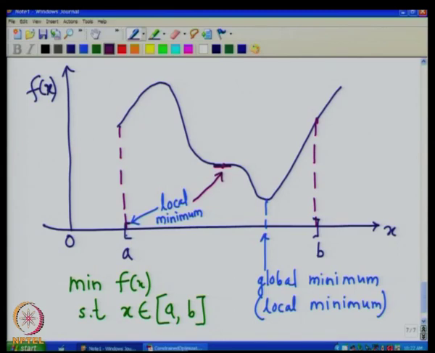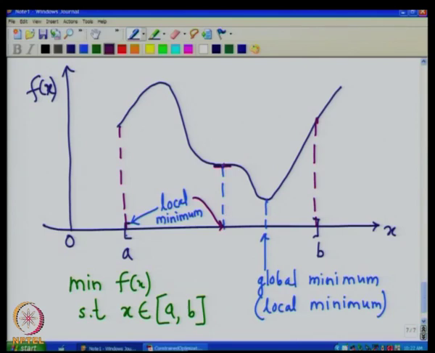So, the function value is at least the value at this point. So, this point is a local minimum.